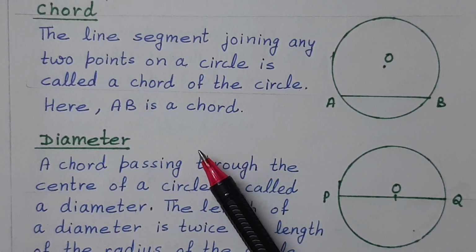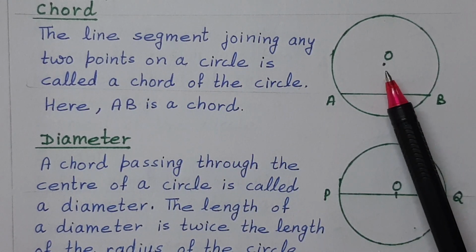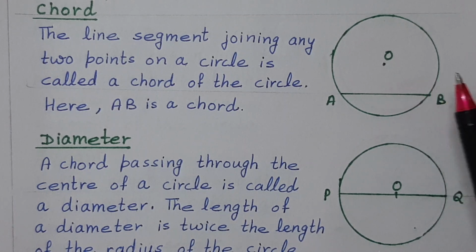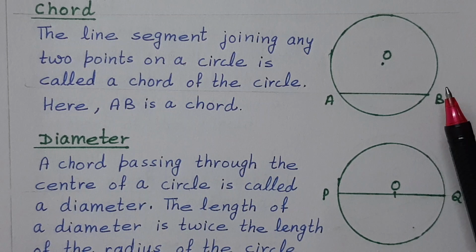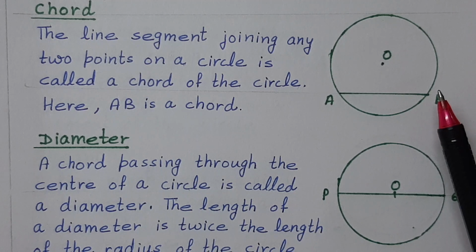A circle has a radius, diameter, sector, segment, chord, secant, and arc. We will be using these terms very frequently in this chapter. So, please do understand the meaning of each term.